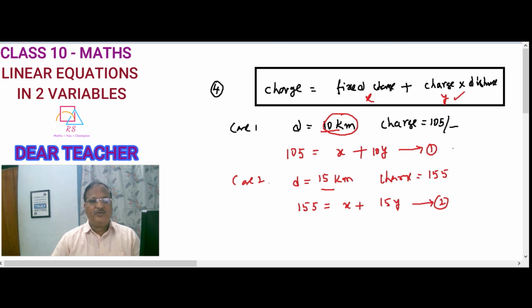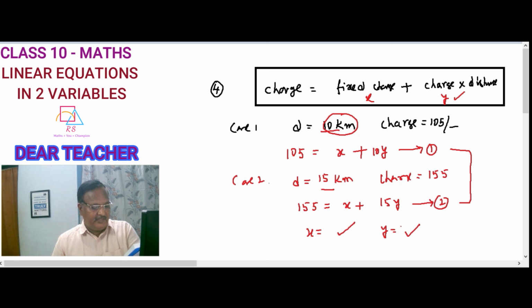Now you have got two equations and you can apply elimination or substitution. You will be getting the fixed charge and you will be getting the charge per kilometer. So don't stop, just see what is to be calculated. Okay, we got the fixed charge, and charge per kilometer also came.